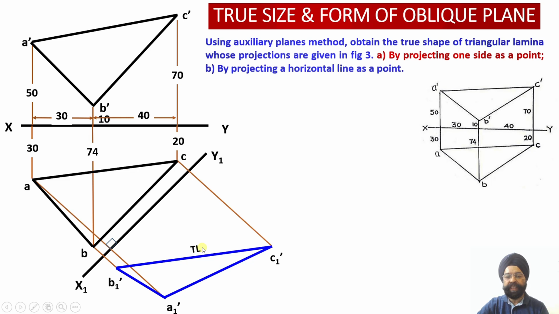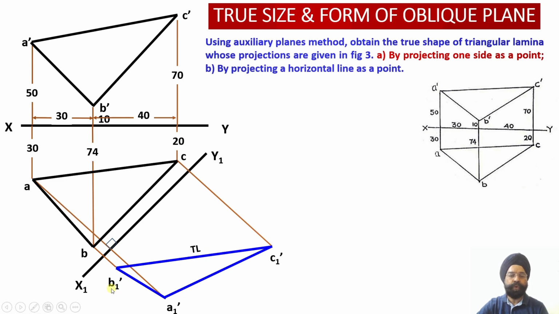So I have been able to obtain one true length out of the n number of edges in the original lamina. The original lamina had 3 edges. Out of that, n minus 1 edges will still be apparent lengths, whereas the one edge to which we drew an auxiliary plane parallel will provide us the true length of that particular edge.